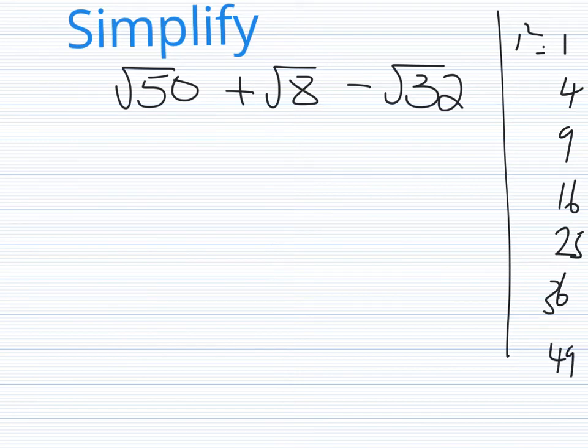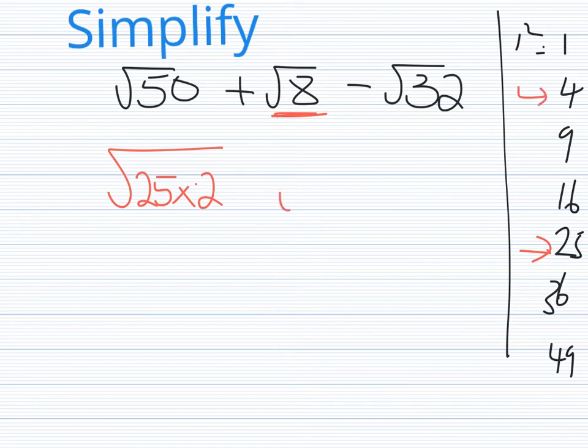So 50. Really, when I'm looking at 50, I'm thinking this one here. So I could write it as root 25 by root 2. Okay, so that was fair enough. 8, well, 8 really I can only write as 4 by 2.